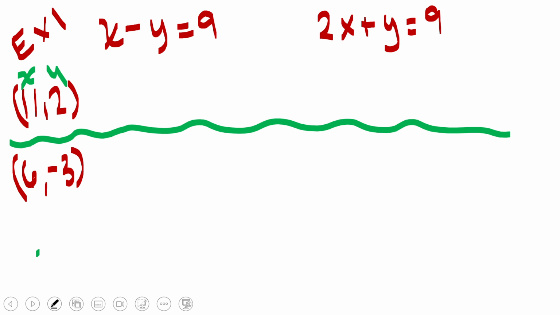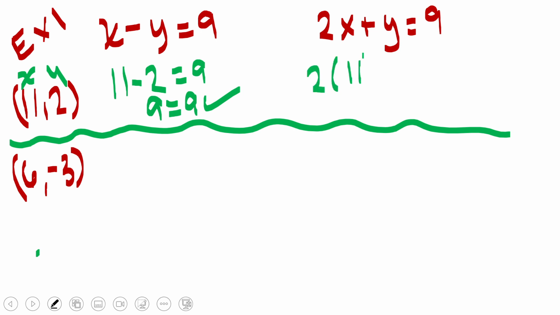So I'm going to say here for x and y, 11 minus 2 equals 9. Yes, 9 equals 9. Check. Now that ordered pair is a solution for that expression, but let's check over here. 2 times 11 plus 2 equals 9 is 22 plus 2 equals 9, and that is not true.